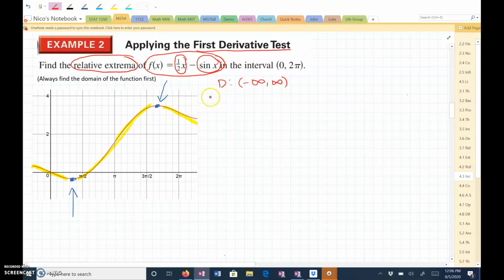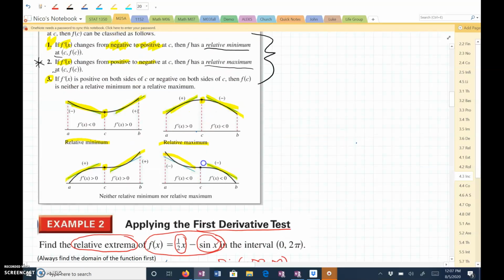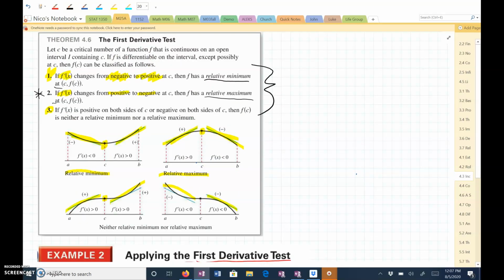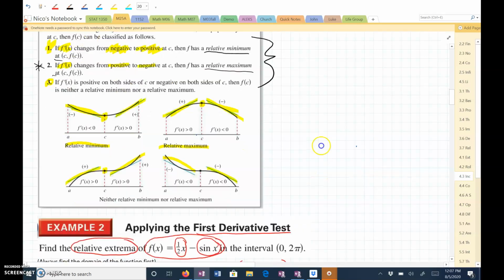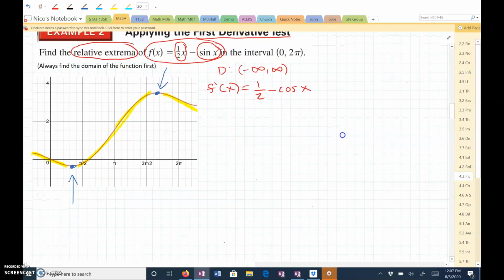Next we're going to take the derivative of the function, and it's going to be 1/2 minus cosine of x. And c are the critical numbers, so we've got to find the critical numbers.